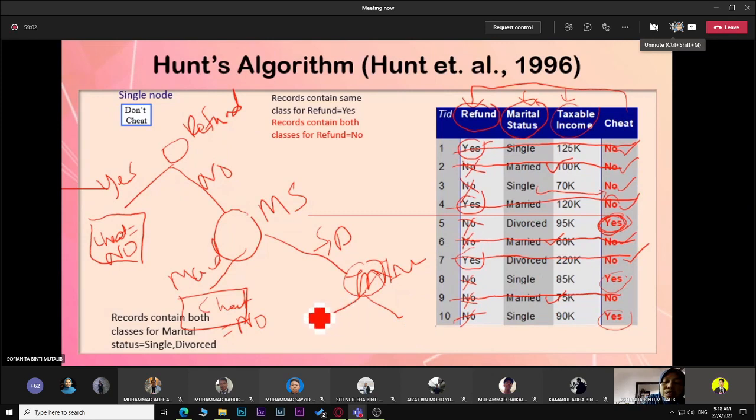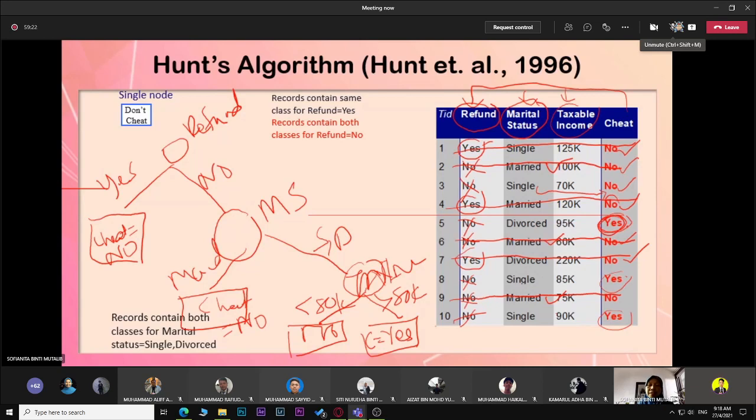So less than 80k is equal to no. More than 80k will be cheat equal to yes. So this will be the tree.